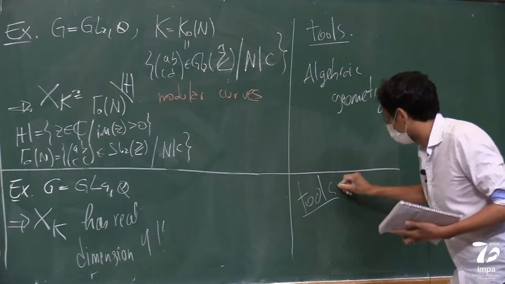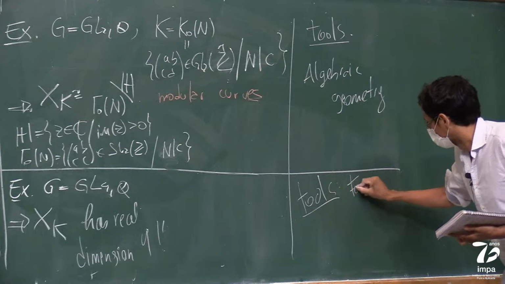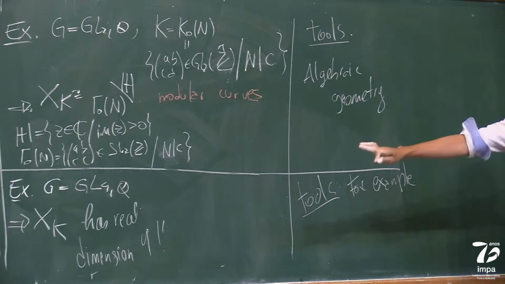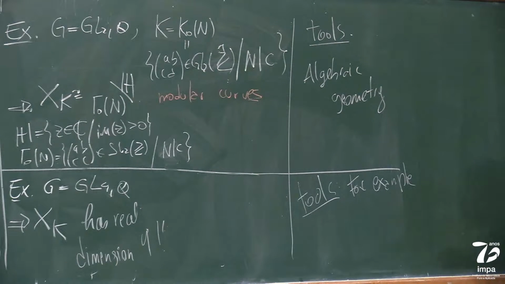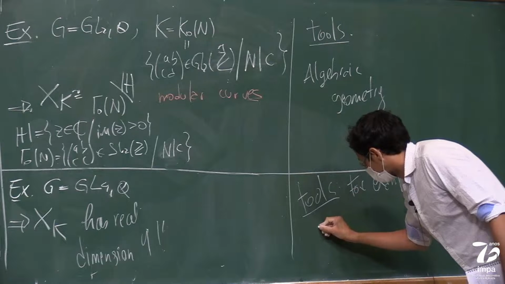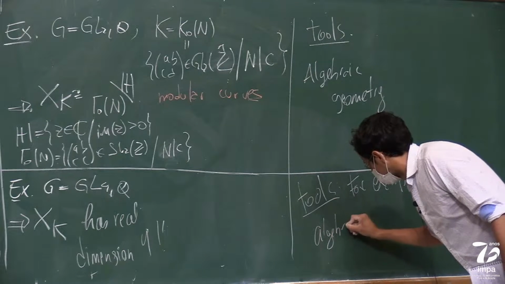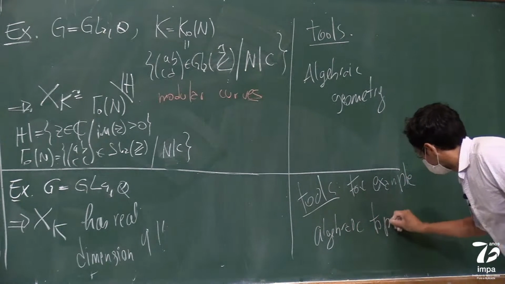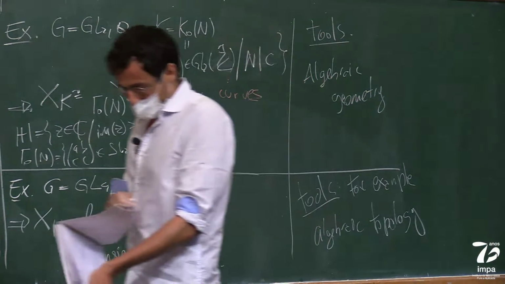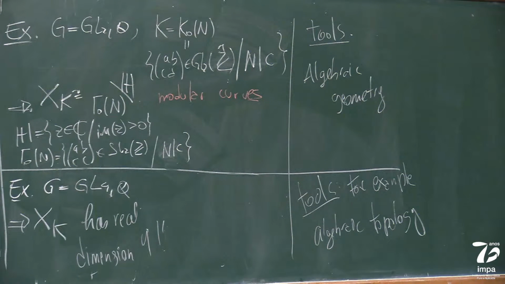And another tool, in this situation, is singular cohomology, algebraic topology. This is also very powerful to do a lot of things. Okay? So that is more or less what arithmetic manifolds are.